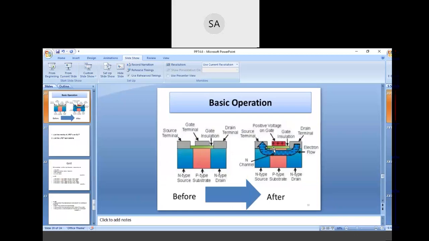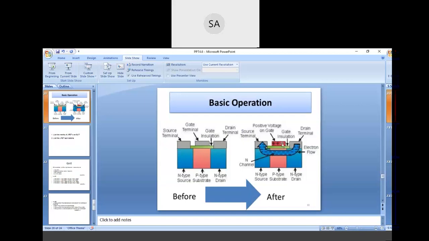This shows the construction before diffusing the channel and after diffusing the channel. Here we have not formed the channel diffusion, and here the channel has been diffused. The N-type source is diffused into the P-type substrate, and the N-type drain is diffused into the P-type substrate, and the oxide layer is formed, and a gate layer of aluminum is formed on the oxide layer.